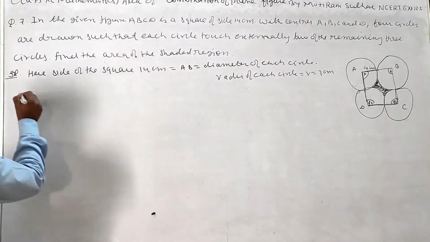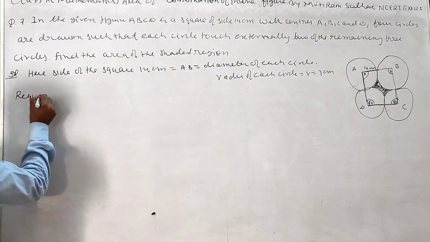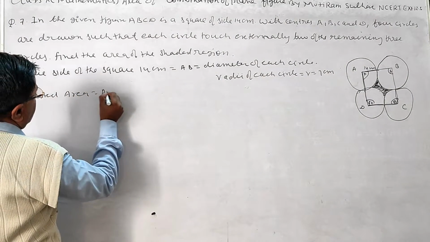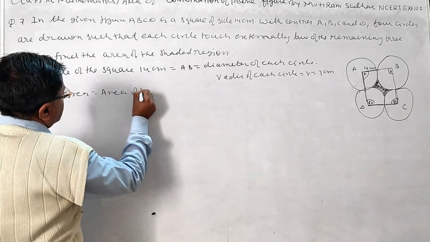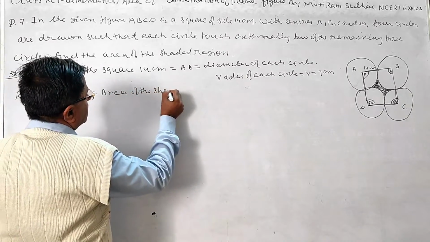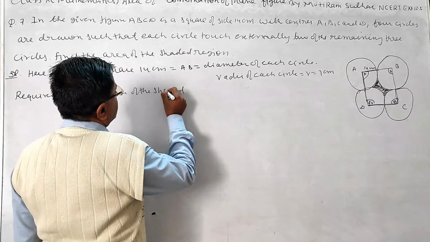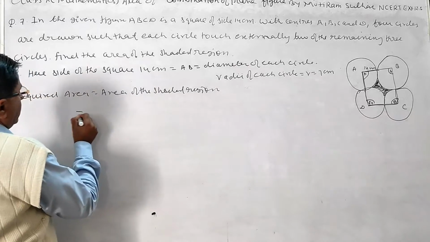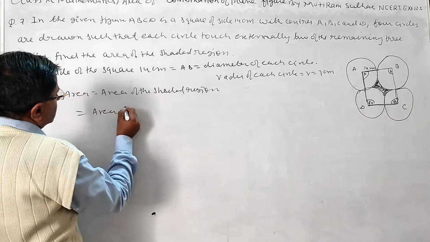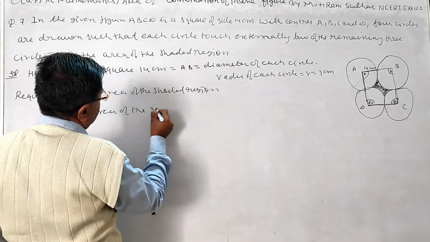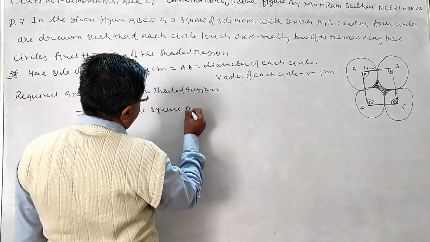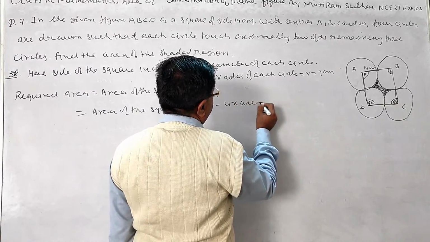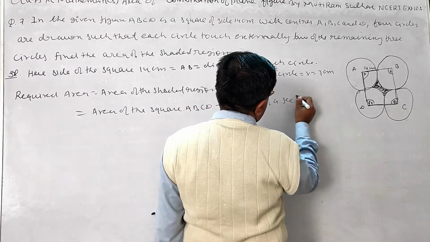So you may write here: required area, the area of the shaded region, equals area of square ABCD minus 4 into area of a sector.